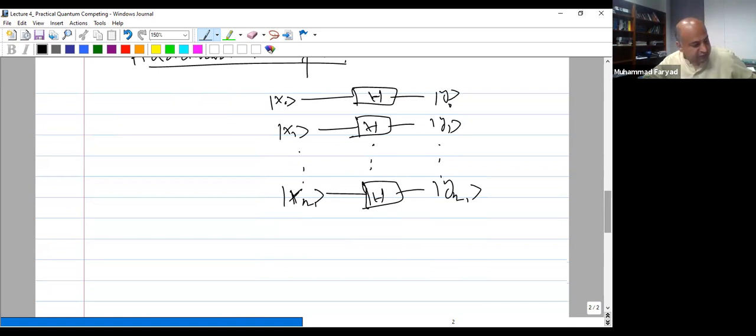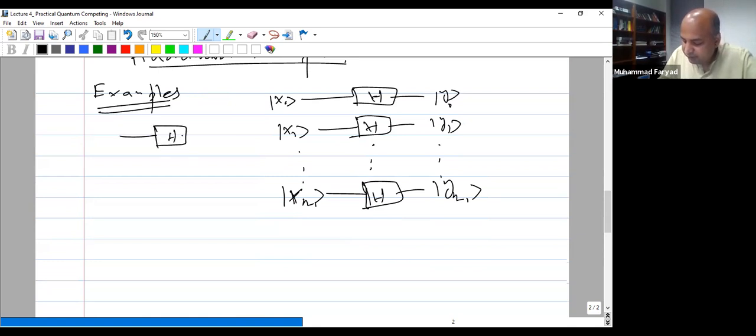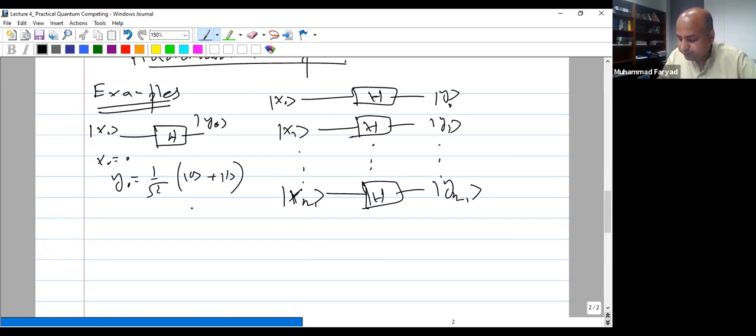But before I do, let me do a quick example before I work out the general math. If you have just a single qubit input, then I hope you can recall from the property of the Hadamard gate that if x0 is 0, y0 is 1 over root 2 times (0 plus 1).